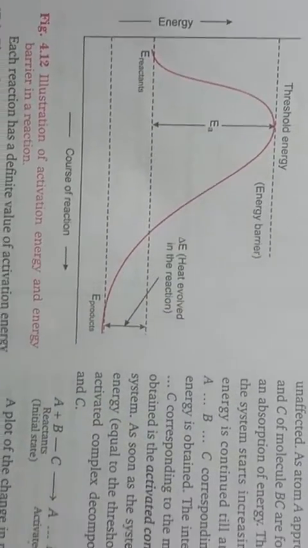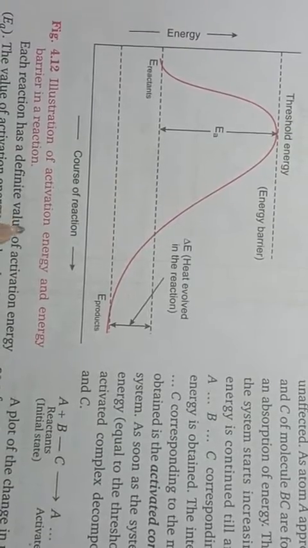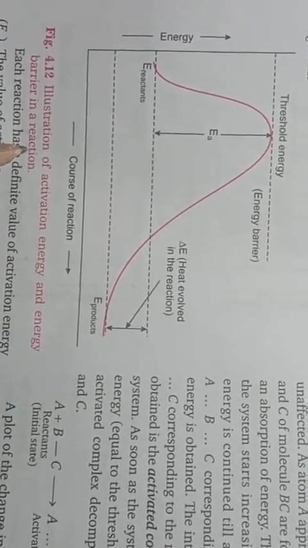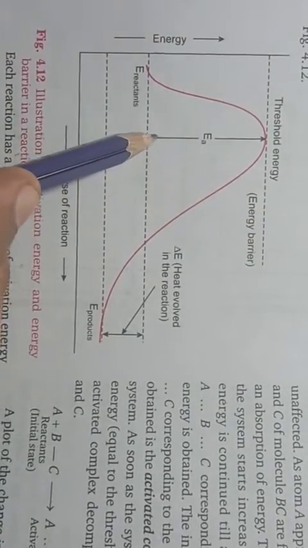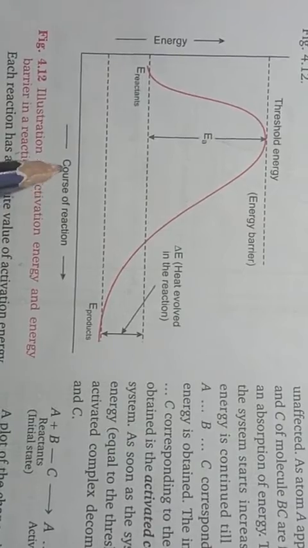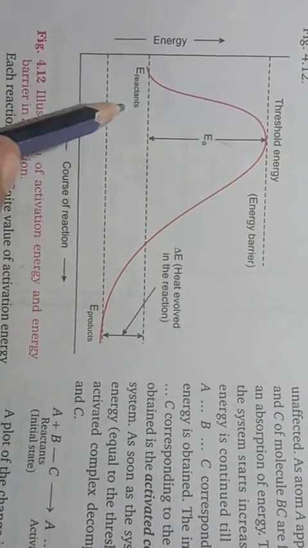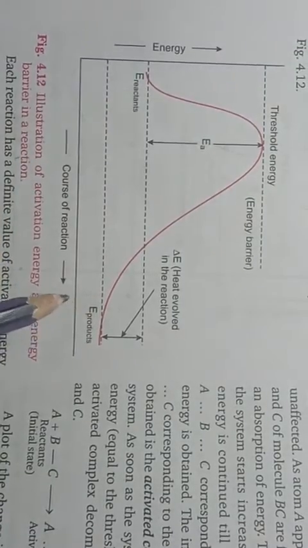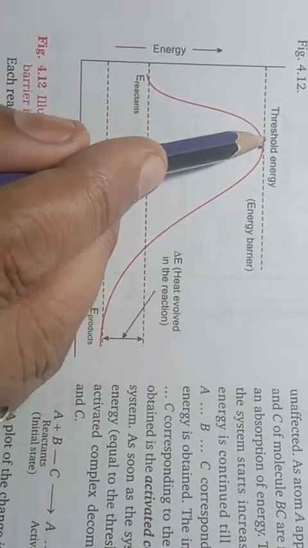So this is the diagrammatic illustration of activation energy and energy barrier in a reaction. Okay, students. The y-axis is energy, and this is the course of reaction. These are the reactant molecules and here the products. This is the energy barrier.